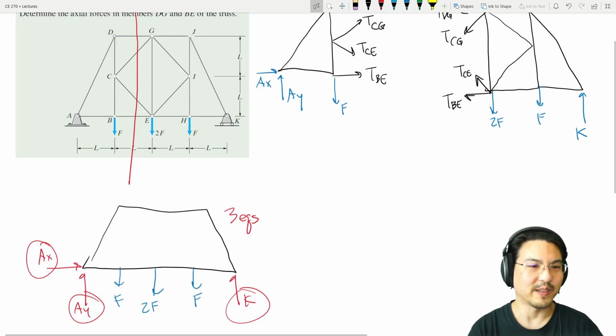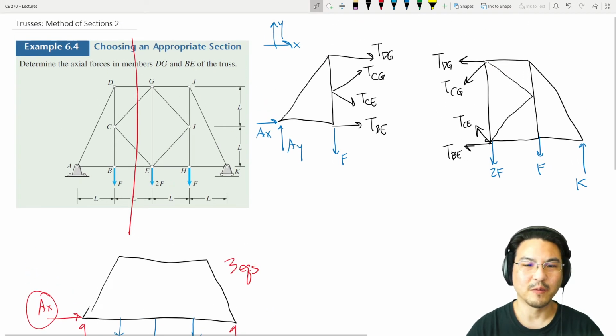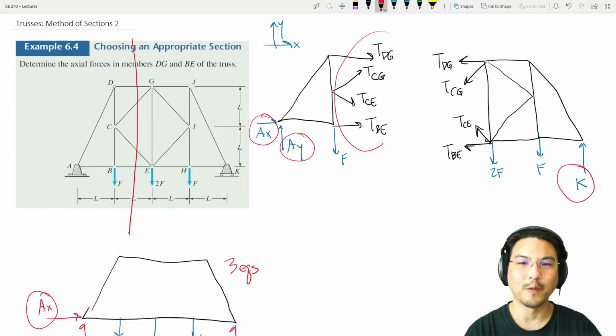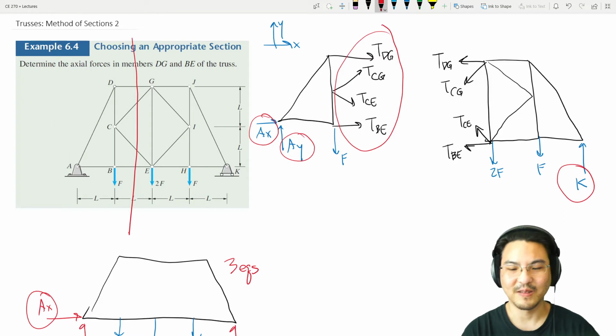Okay, that's for a given load F. And then, since we know those 3 reactions, these would be known here. So now 4 unknowns left. But we can only write 3 equations. So we're still kind of stuck.